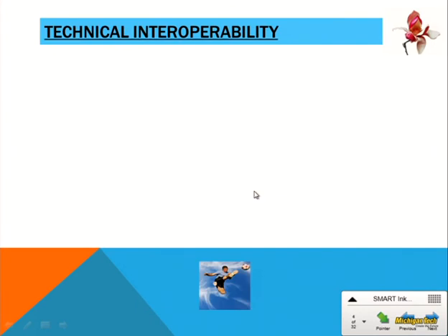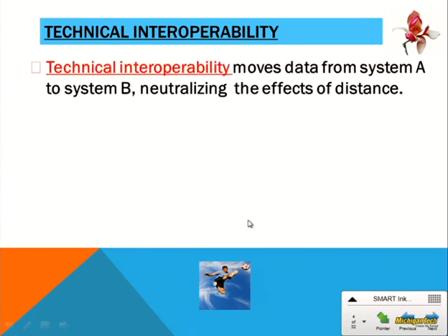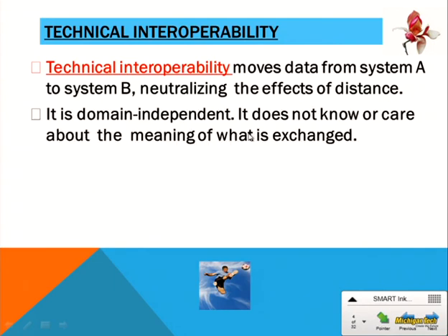So what's technical interoperability? In fact, for this one, we think it just considers moving data from system A to system B. It neutralizes the effects of distance. I don't care about the distance. I just move the data from one place to another. Okay?